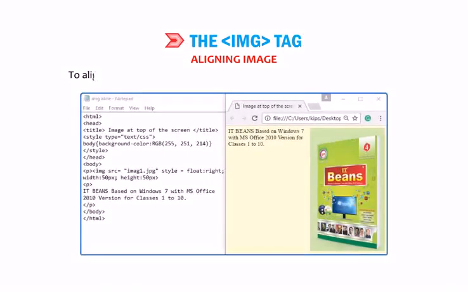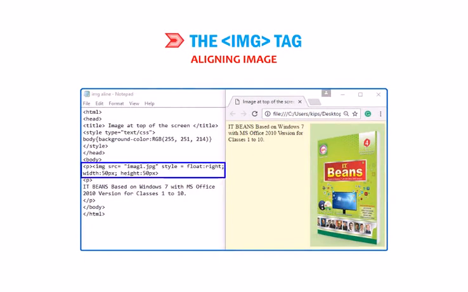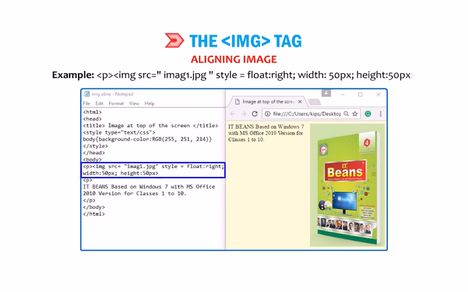Aligning image. To align an image to the right or left of a text, use the CSS property float. For example, P image src equals to double quote image1.jpg double quote close style equals to float colon right semicolon width colon 50px semicolon height colon 50px.